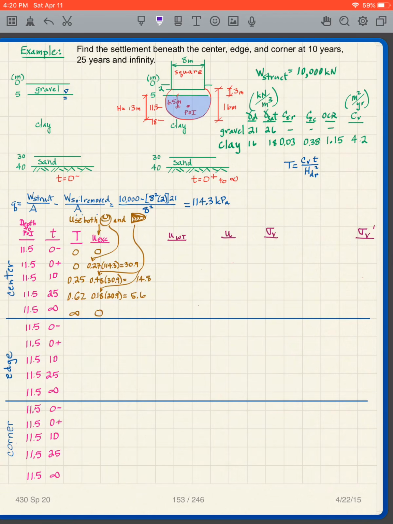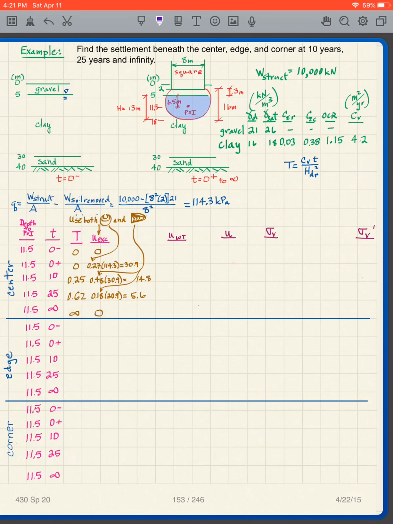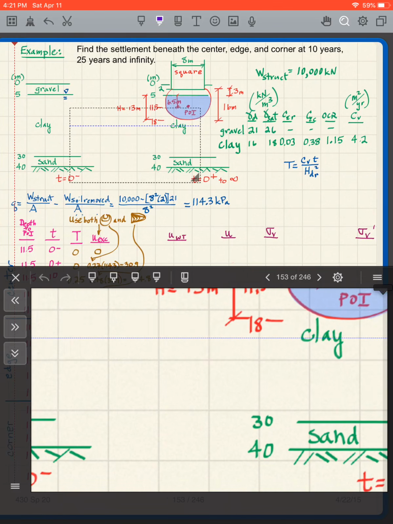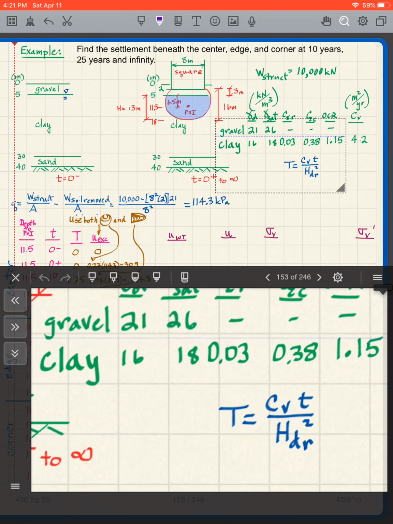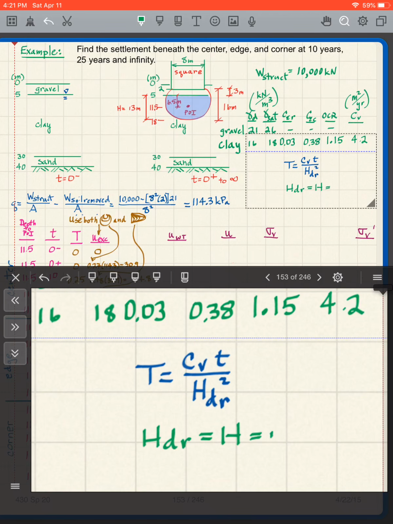In the previous one I said that HDR equals H, because I didn't write it down here, so let me just add that. HDR equals H equals 13 meters.